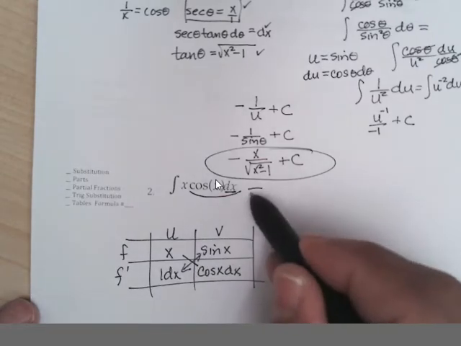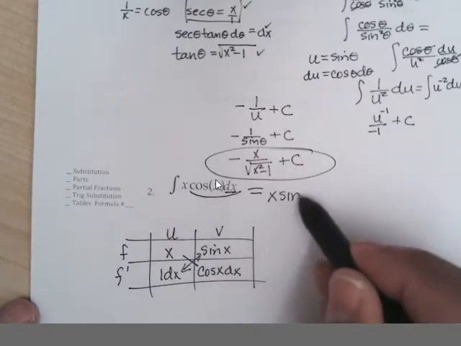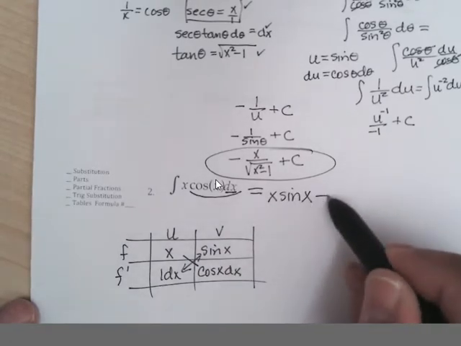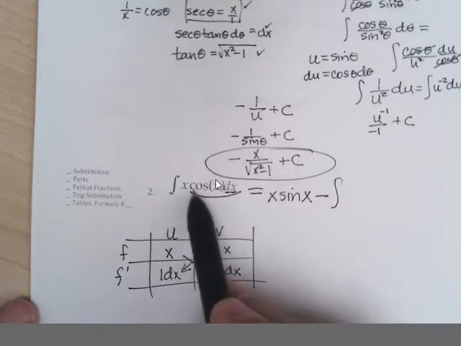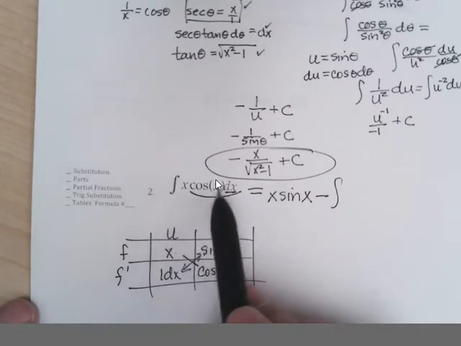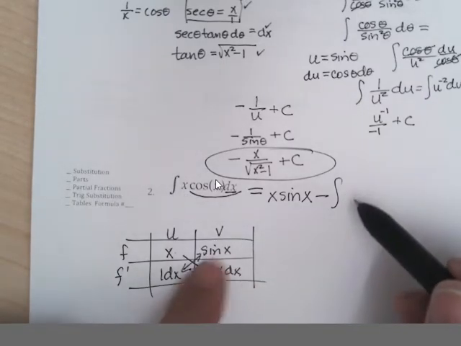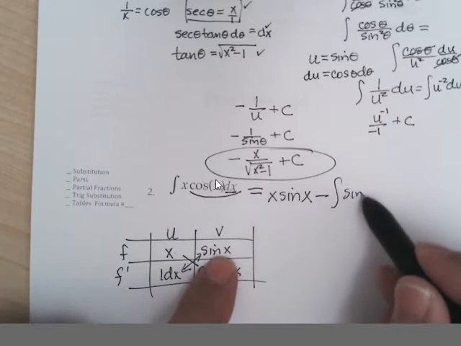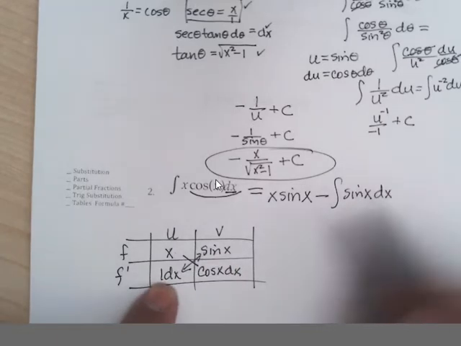But there's also the u times v, which is x sine x minus the integral of the opposite of what we laid out. If this is v prime and that's u, then we have to do the reverse of them in here, which is sine x times 1 dx, this way.